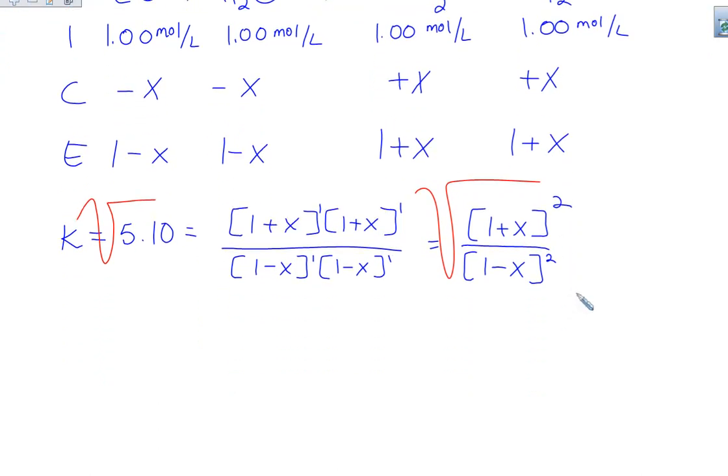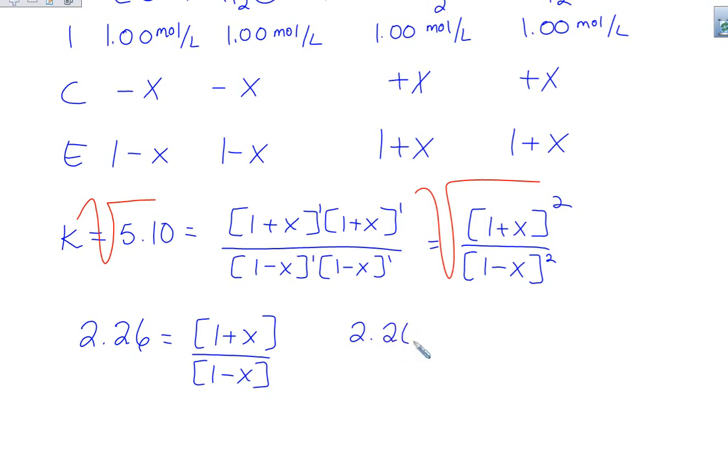Okay. So let's take the square root of 5.1, and I get about 2.26 equals (1 plus x) over (1 minus x). So we just need to solve this for x, right? Okay, so let's cross multiply. 2.26 minus 2.26x equals 1 plus x.